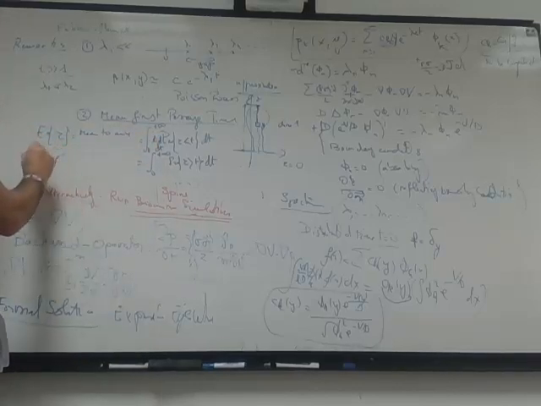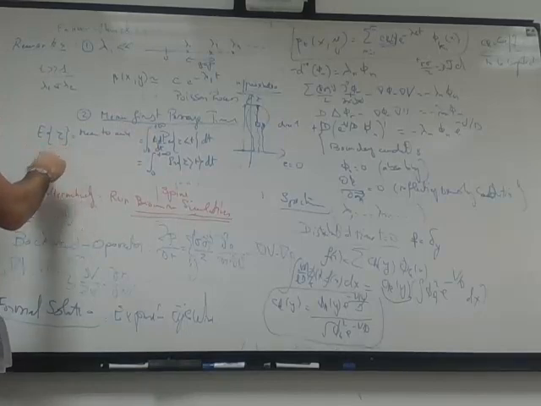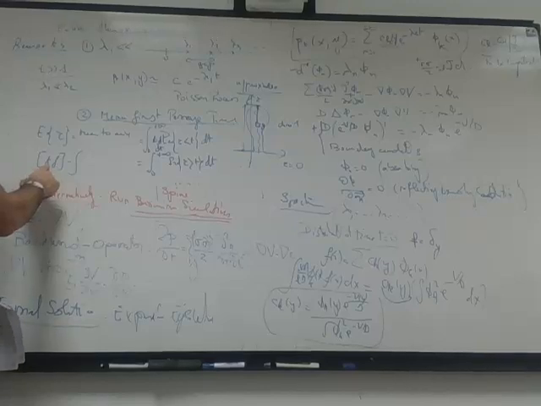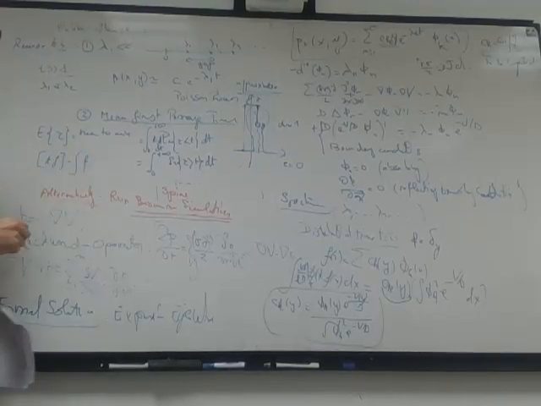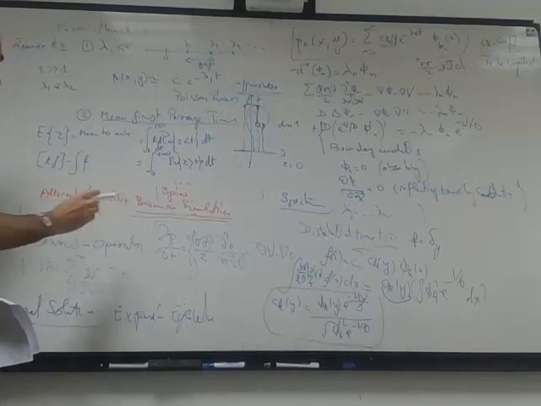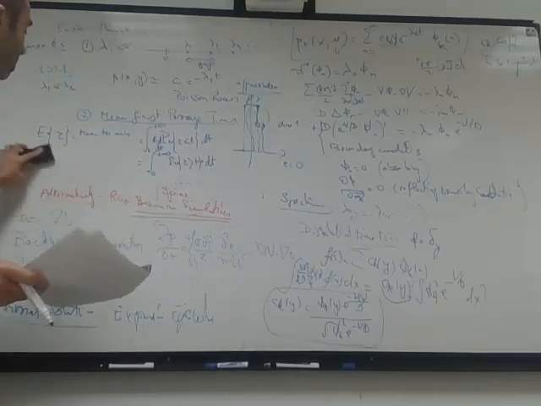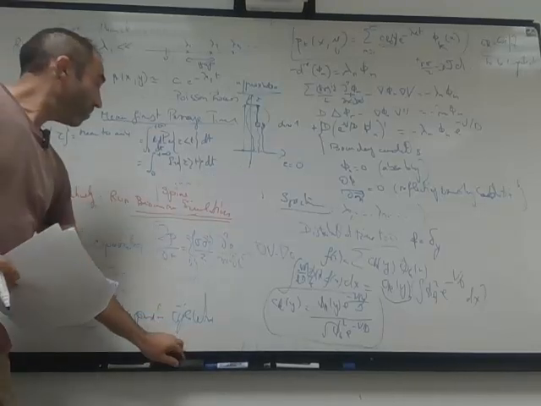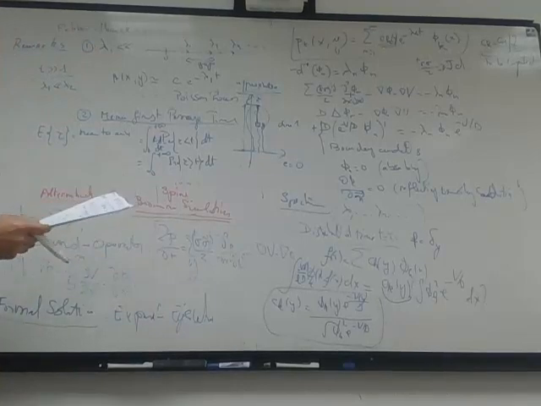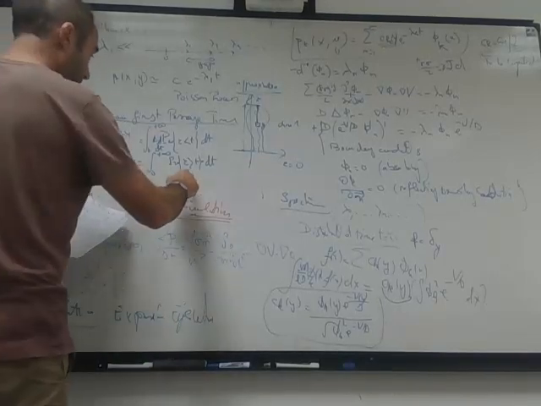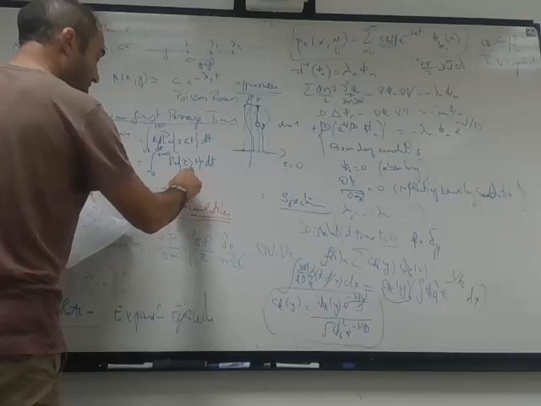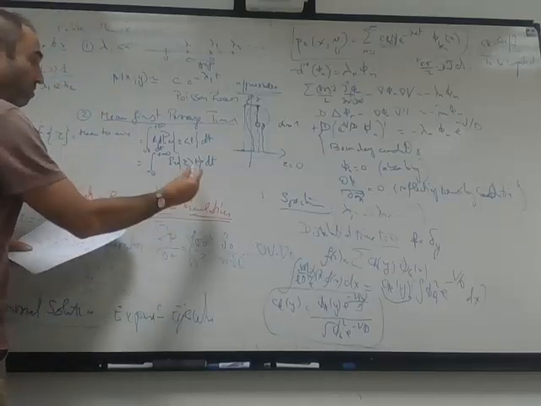If you integrate this by parts, this is t times F minus, if you differentiate t, it's going to give you 1, right? And here you get your F. Okay, this is what you get: the integration from 0 to infinity of the probability that the time is bigger than t, dt. So this is called the survival density, the survival probability.